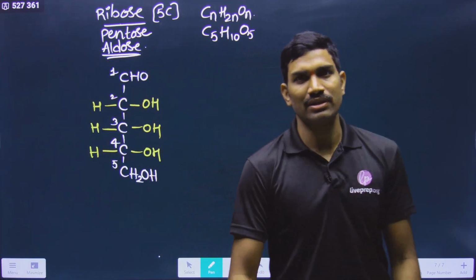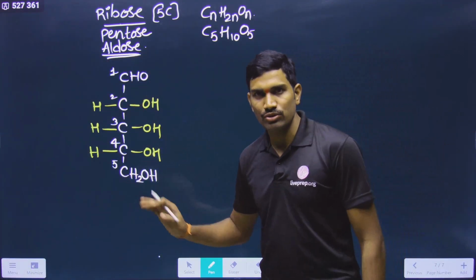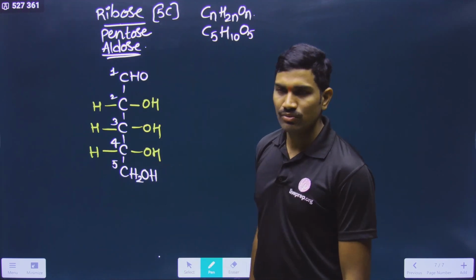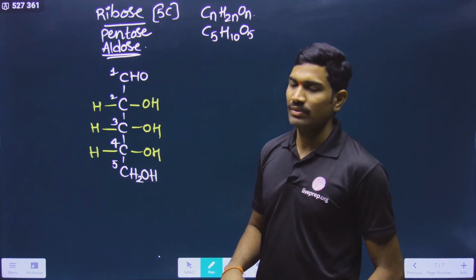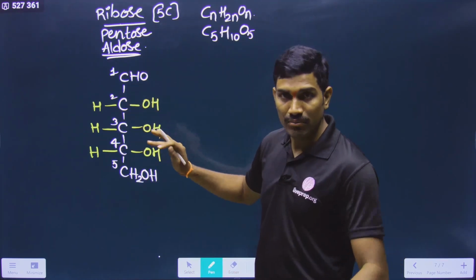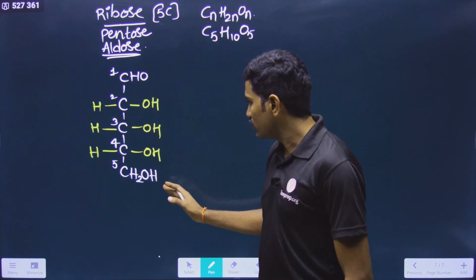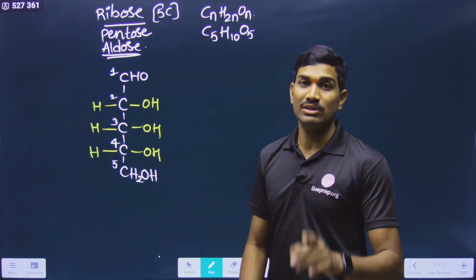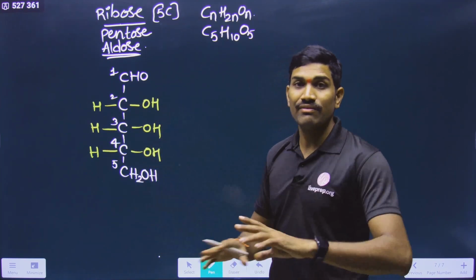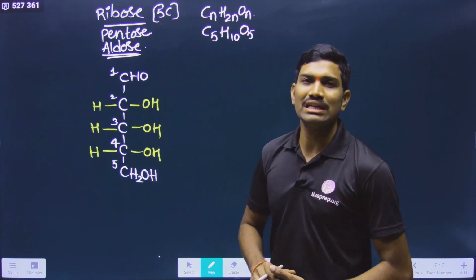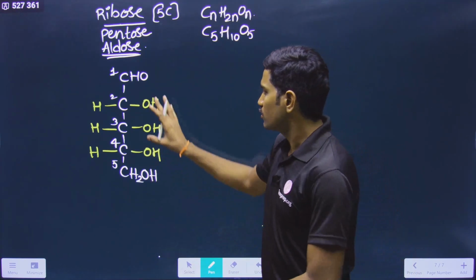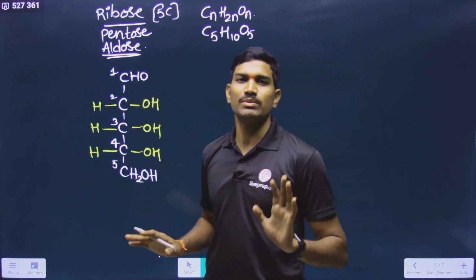Observe the structure carefully. In ribose sugar, the first carbon is CHO, the last carbon is CH2OH. For the second, third, fourth carbons, on the right side OH is present, on the left side hydrogen is present. If you change these, you will get different structures. You might have studied the isomers concept, right? So this is how the ribose sugar is present.